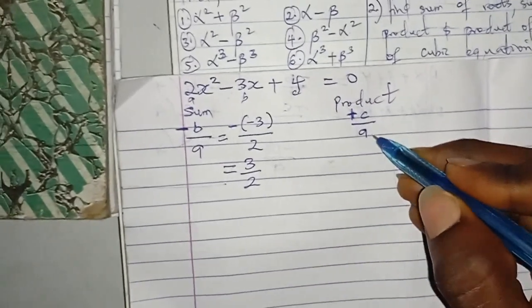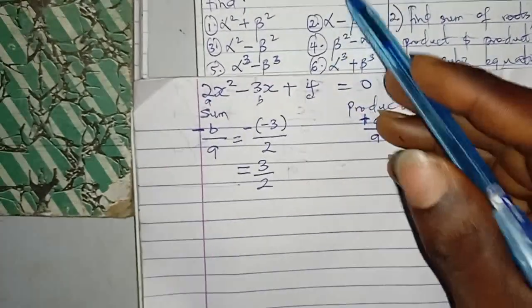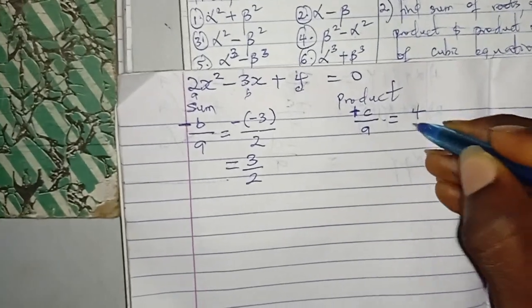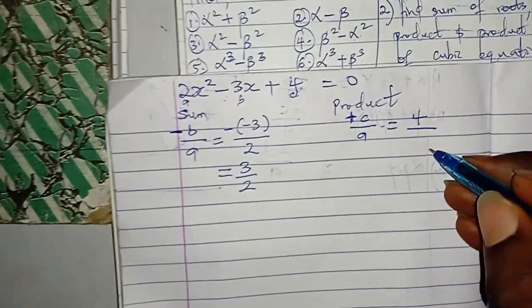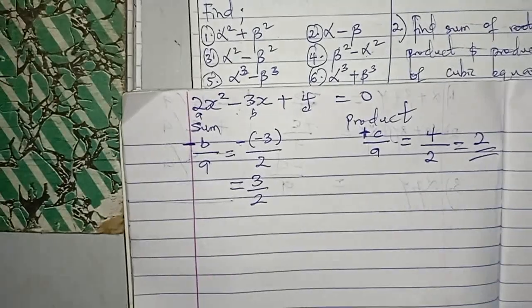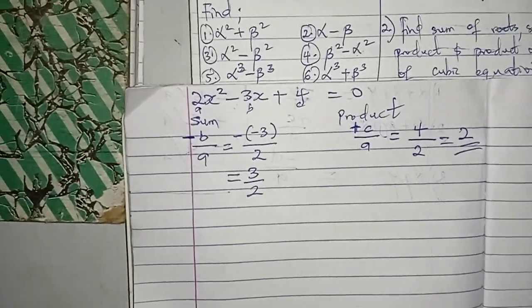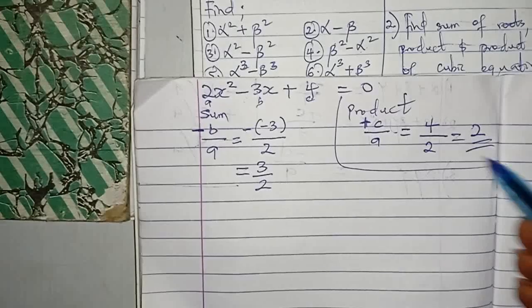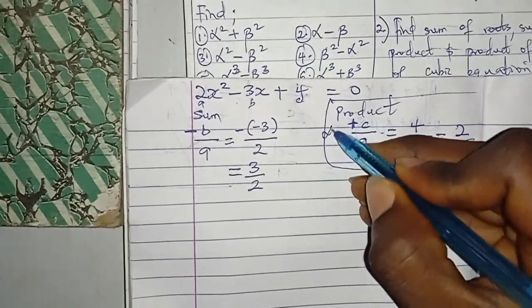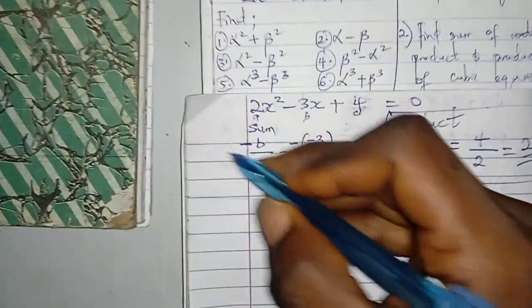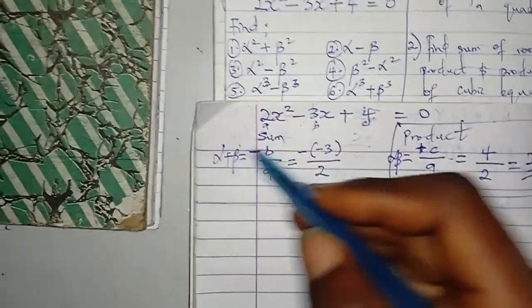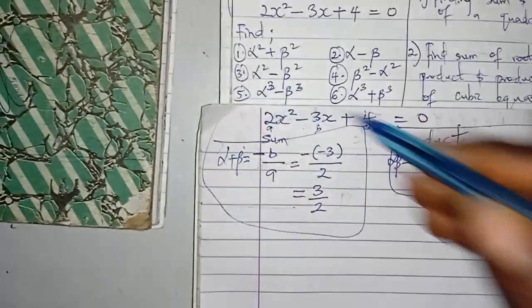Then the product is C over A, that is 4 over 2, which is the same as saying 2. So this product is alpha beta, and this is alpha plus beta. This is what I've succeeded in getting.